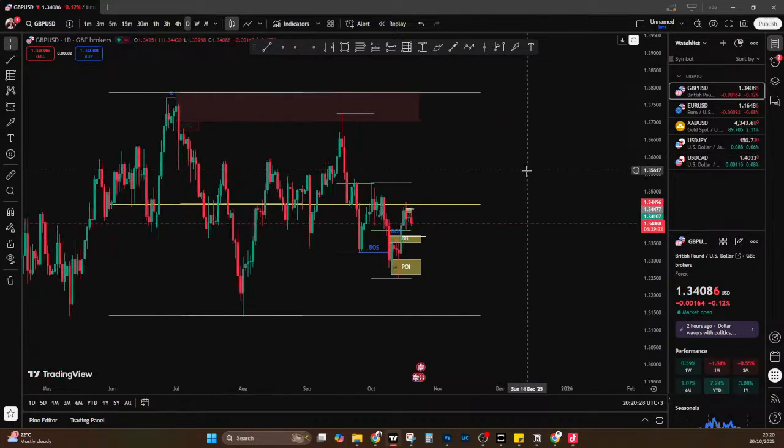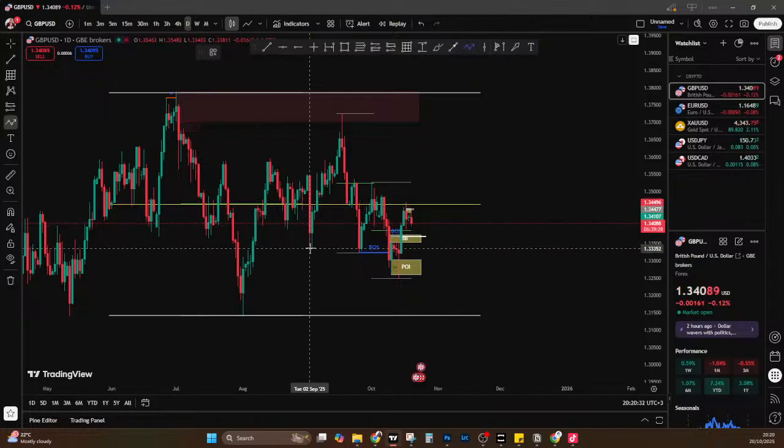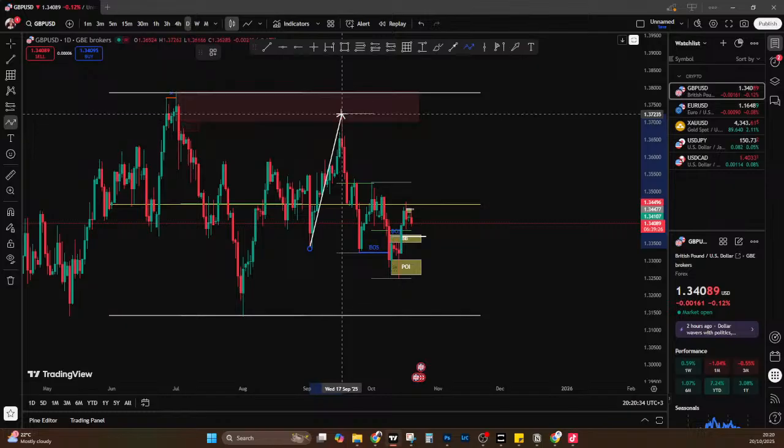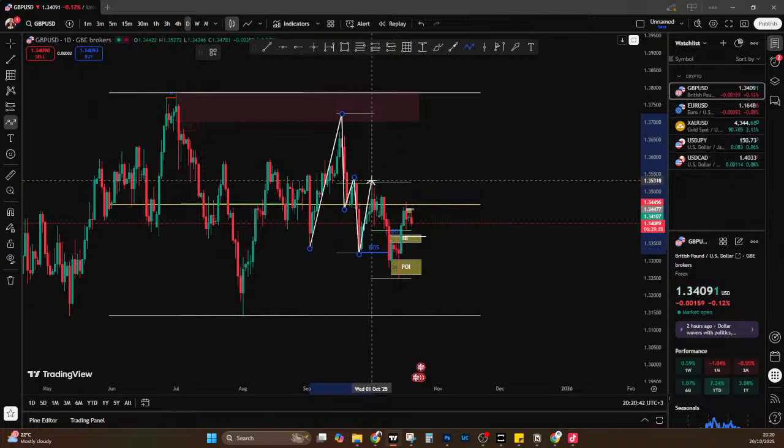So I want you to look at this, that the market has been doing, this is lower low to lower high, lower low to lower high, lower low to lower high there. Then we have lower low to lower high.